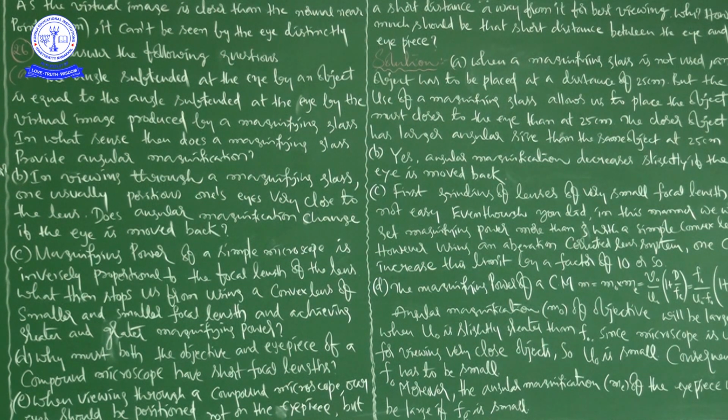So generally, when we are going to see something with the help of these optical instruments, first we adjust the position of the eye. We choose the position of our eye to see the object, which is comfortable, and you even have to think from a biological point of view.